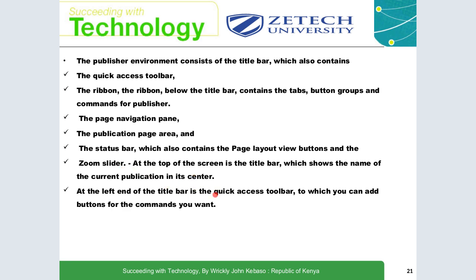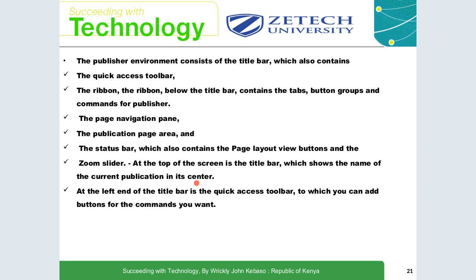Okay, this again, the repetition was emphasizing the quick access toolbar, and I mentioned that it's important to know that this is where you place the icons that you frequently use.